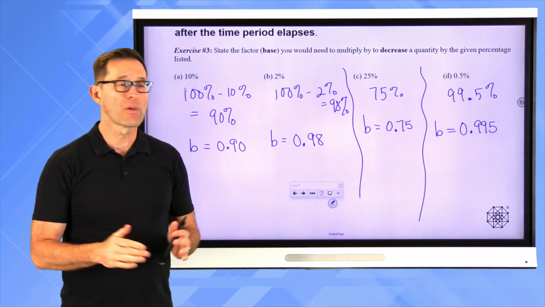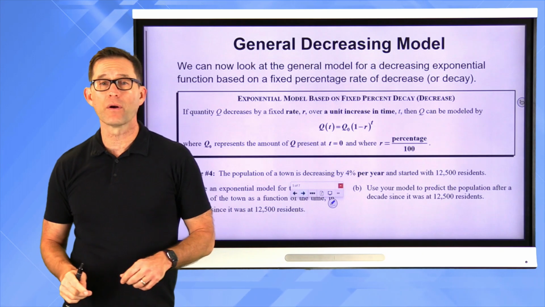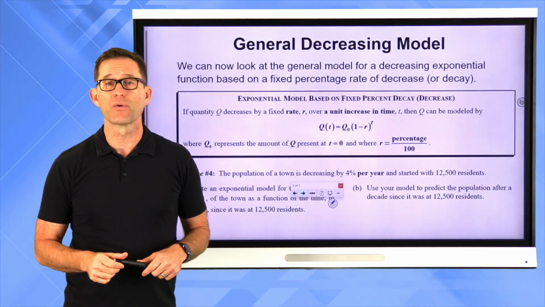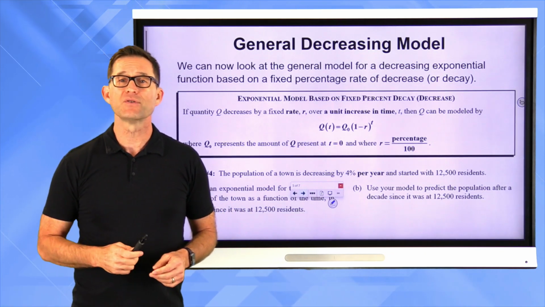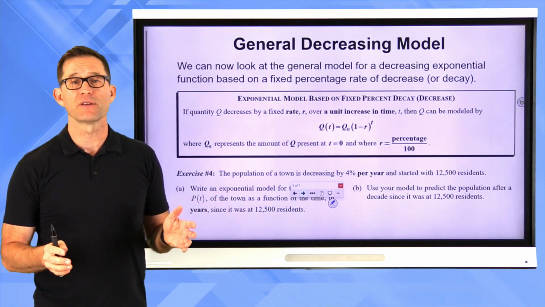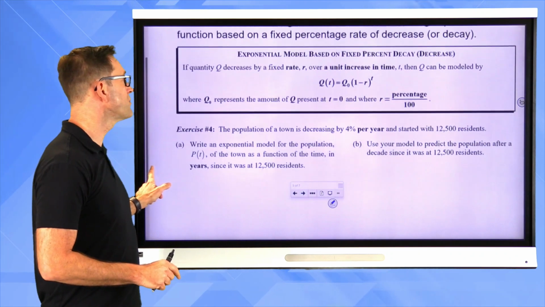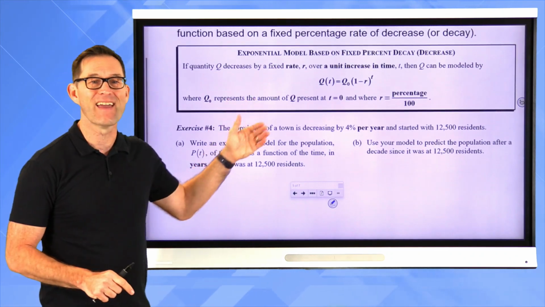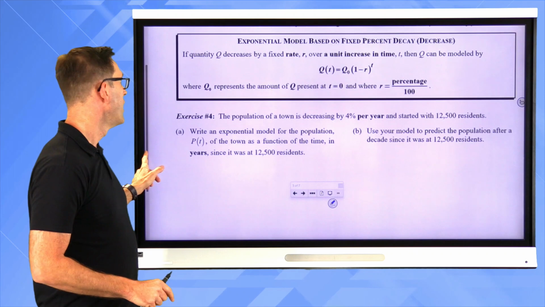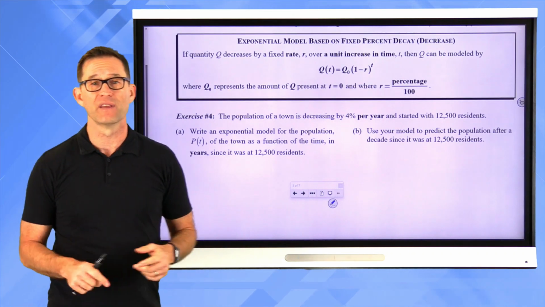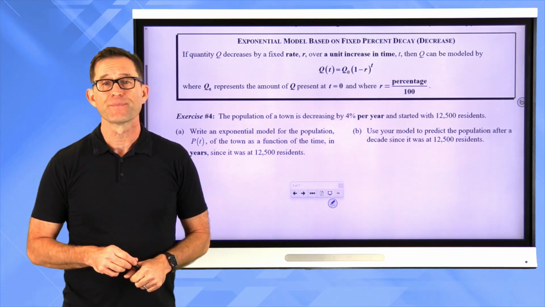Now we can generalize all of this just as we did before, and let's take a look at the general decreasing model. We can now look at the general model for a decreasing exponential function based on a fixed percentage rate of decrease, which is sometimes also known as decay, especially when we get into what are called radioactive decay. So let's take a look.